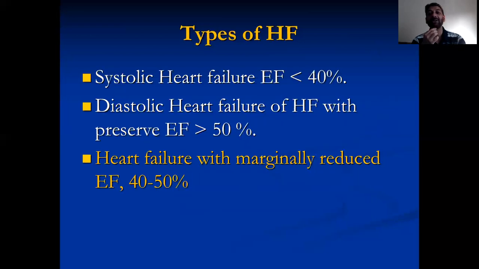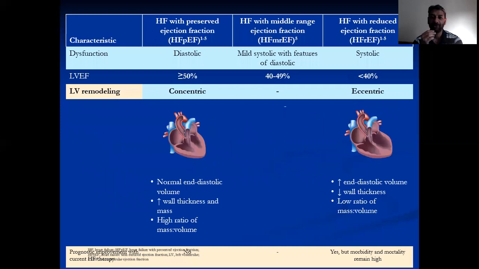Heart failure with preserved ejection fraction, where your patient has features of heart failure in his clinical presentation, but his ejection fraction is more than 50%. That means he's not having systolic heart failure. Then heart failure with mildly reduced EF, a patient whose ejection fraction is between 40 to 50%.